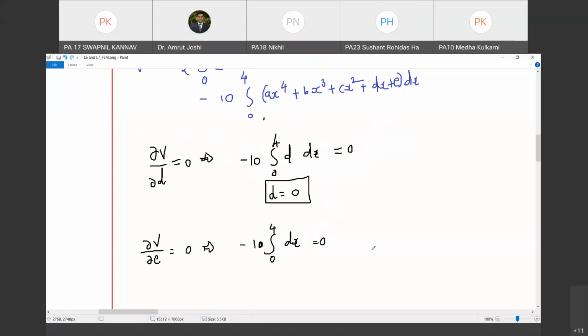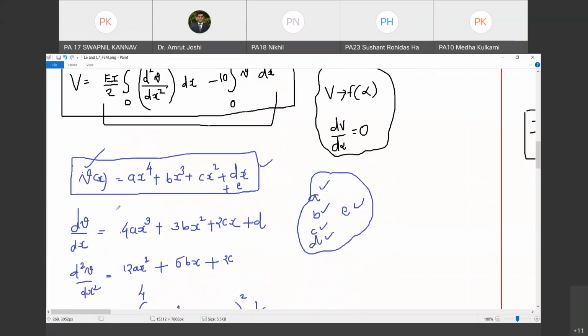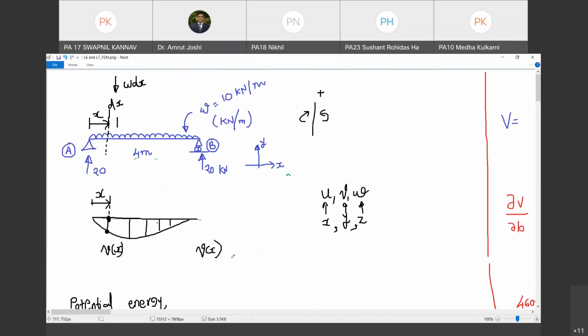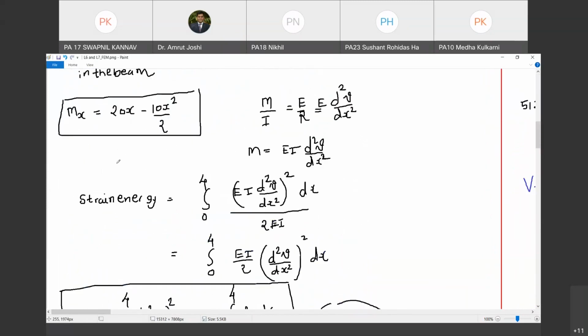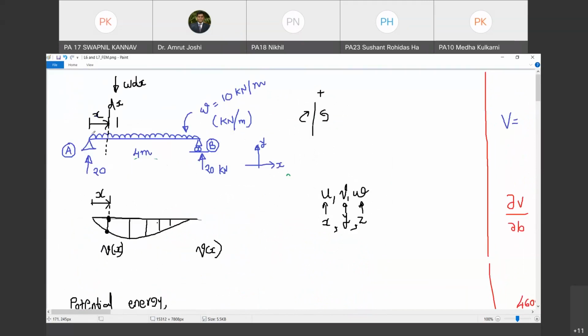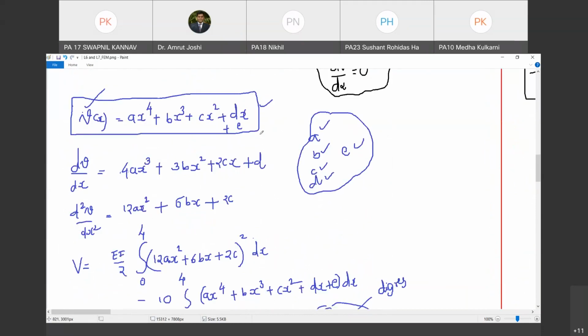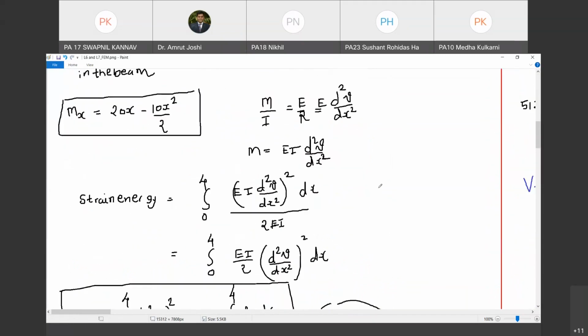Are you with me? And now you will observe that it is not possible to satisfy this. And there is a reason, because if I start writing down the equation of V of x as ax raised to 4 plus bx cube plus cx square plus dx plus e, it is going to violate the boundary condition. At x is equal to 0, I want V to be 0. Do you agree with me? At x equal to 0, V is 0. देखो, I am writing it here at x equal to 0, vertical deformation is 0. Do you agree with me?